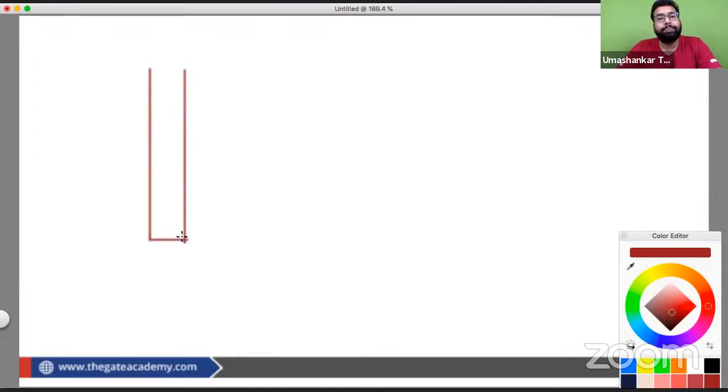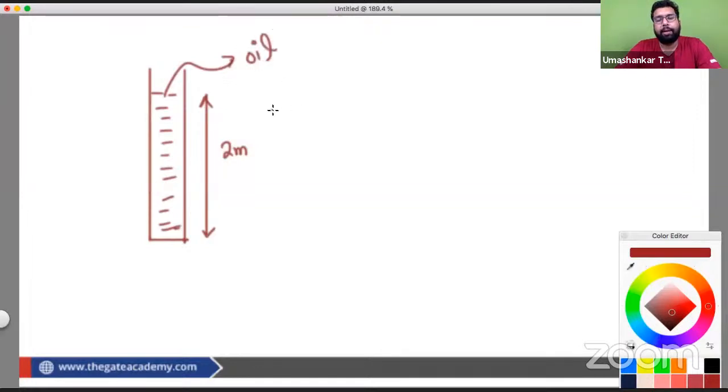Now the simplest thing I should tell you here: let's suppose we have a column in which we have this height as 2 meter, and this is some oil of, let's suppose, a specific gravity 0.8.